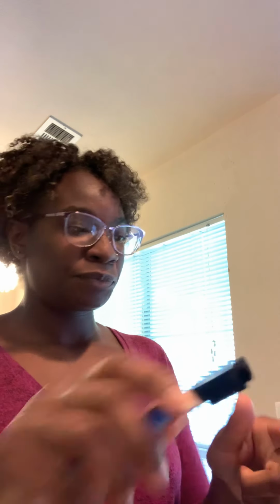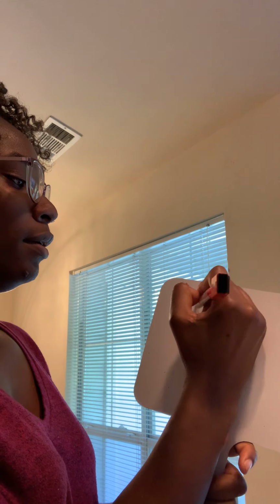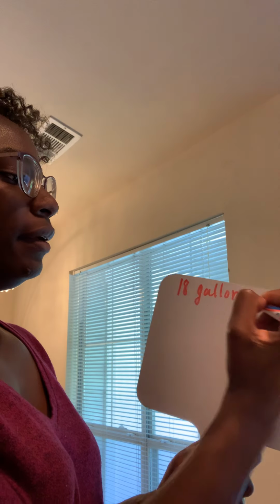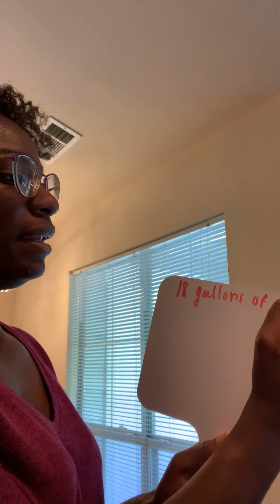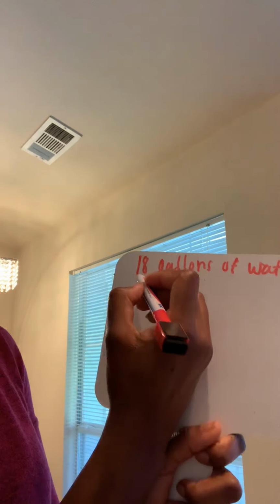So once again, we've got to bring it down to that 1 unit and figure out how many gallons of water each tank will hold. All right? So it's stated that we've got 18 gallons of water. And then we have 3 fish tanks.